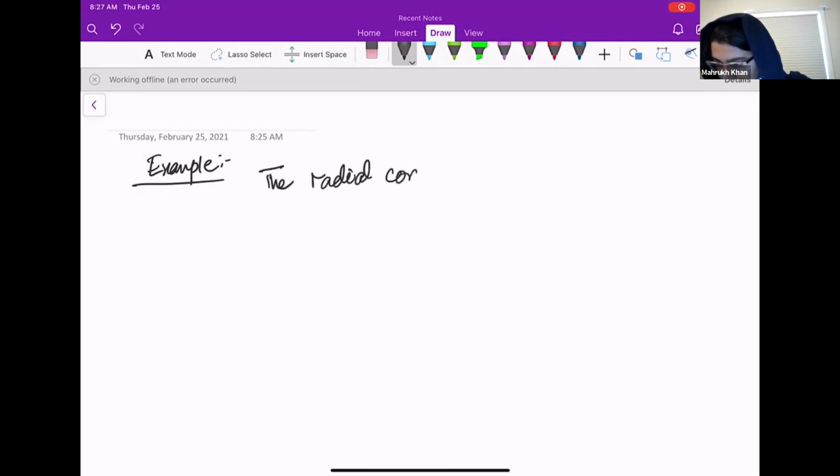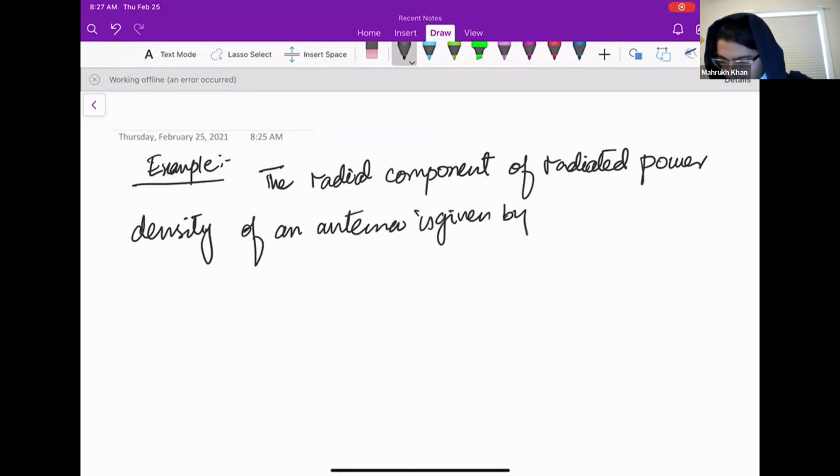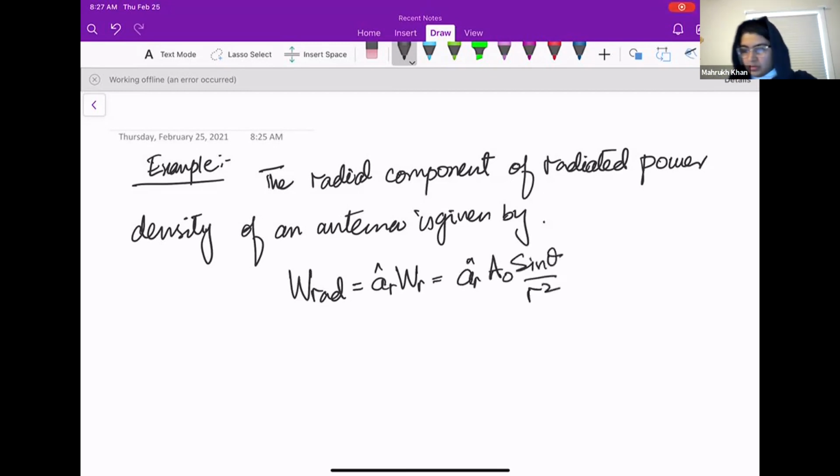So the radial component of radiated power density of an antenna is given by... so this is the radiated power density.